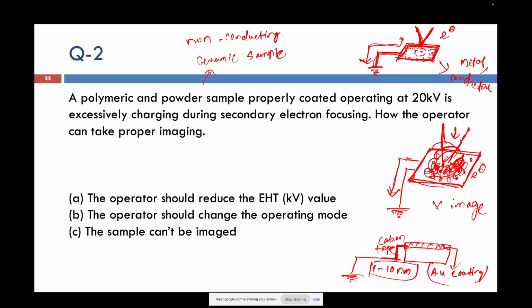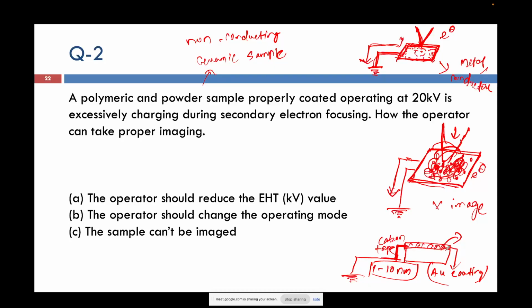So this is one reason that we put some gold coating. But still, after putting the gold coating, this question comes. It's a non-conducting sample, we have coated it and put the carbon tape, so that electrons will not start accumulating on top of our sample.